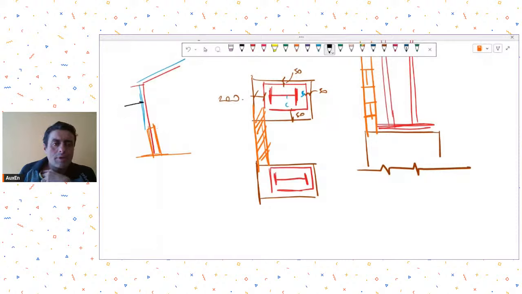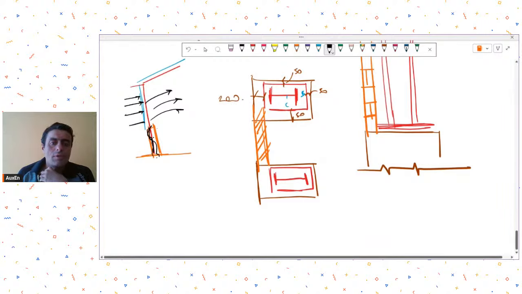So what happened when wind loads acted upon it: the deformation of this PEB shed will be slightly more than the brick wall, of course. So the PEB shed deflection was more than the brick wall deflection. So we could see some vertical cracks that developed in the brick wall. So then it was a problem and all those things.